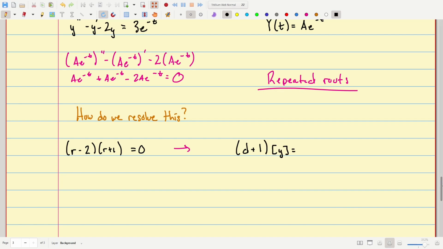We're going to search for a function y, and we're going to solve the non-homogeneous equation with our right-hand side here. So this is going to look like y prime plus y is equal to 3e to the minus t.